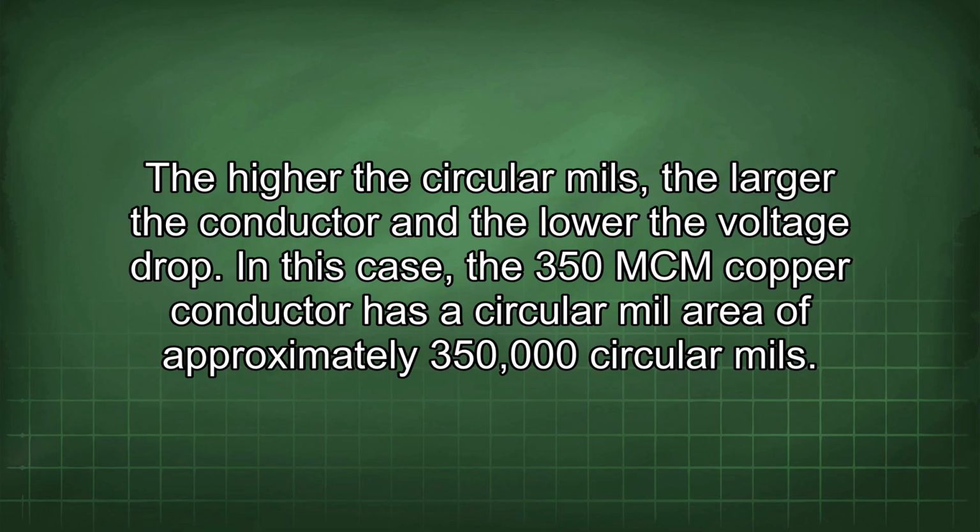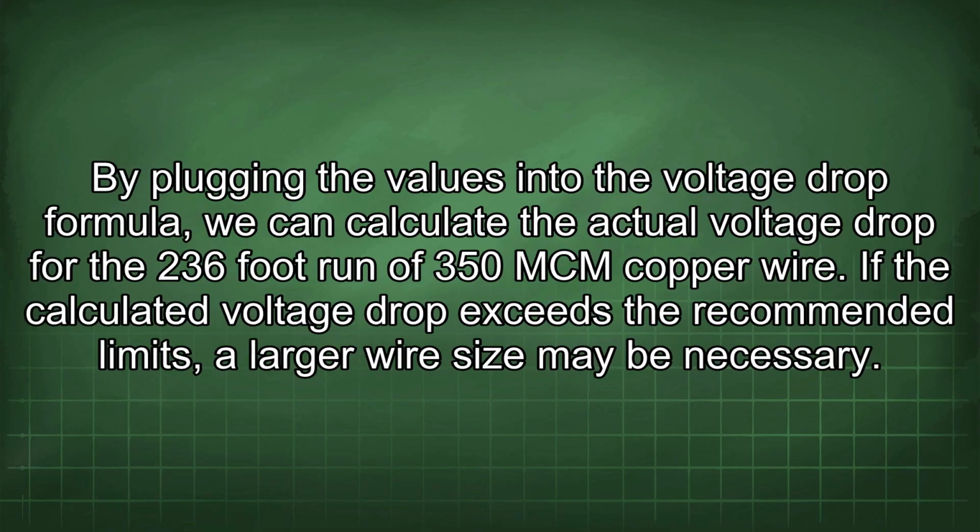In this case, the 350 kcmil copper conductor has a circular mil area of approximately 350,000 circular mils. By plugging the values into the voltage drop formula, we can calculate the actual voltage drop for the 236-foot run of 350 kcmil copper wire. If the calculated voltage drop exceeds the recommended limits, a larger wire size may be necessary.